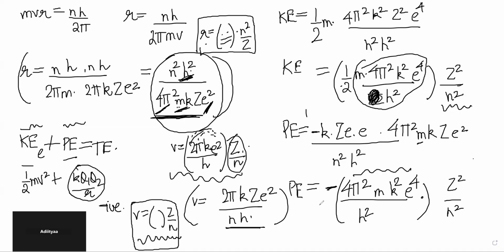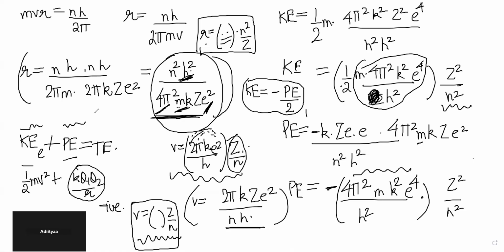So you can technically see that kinetic energy is equal to negative potential energy by 2, correct? So potential energy is basically negative 2 times kinetic energy, right?